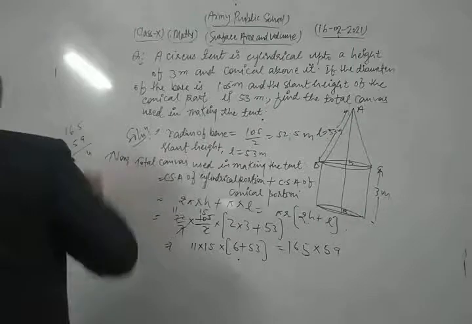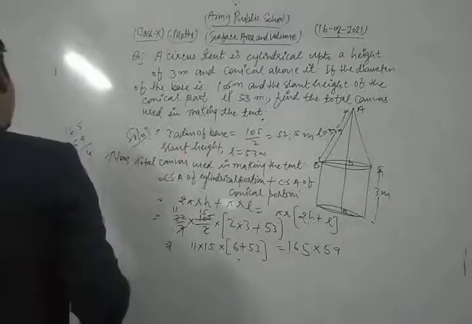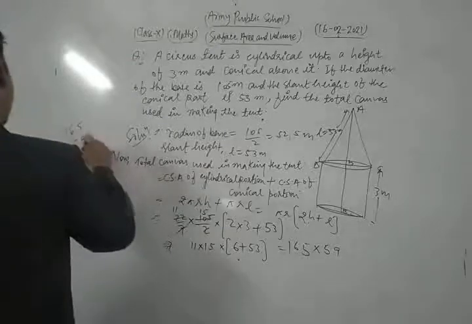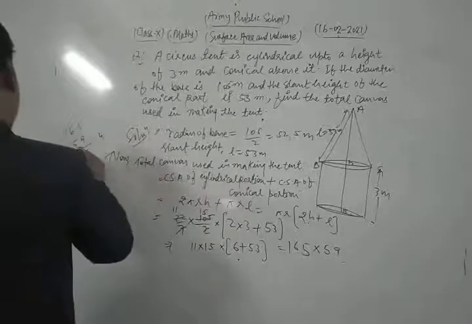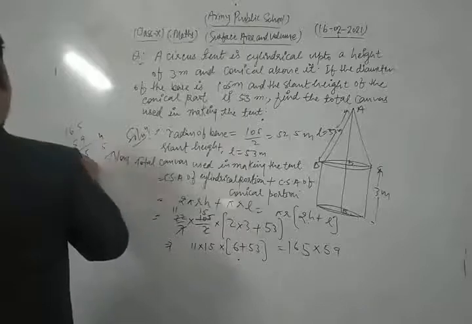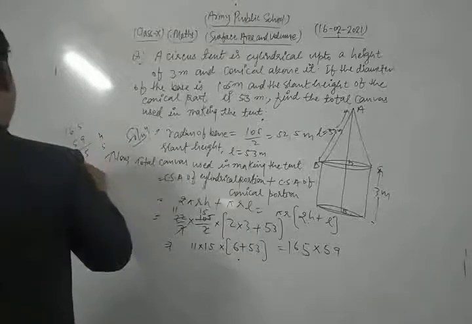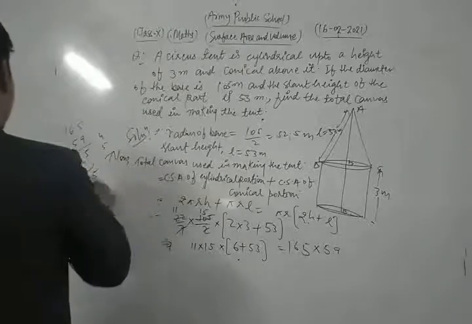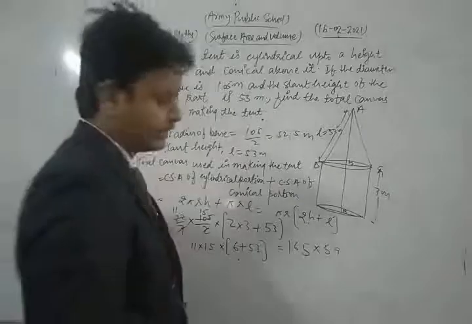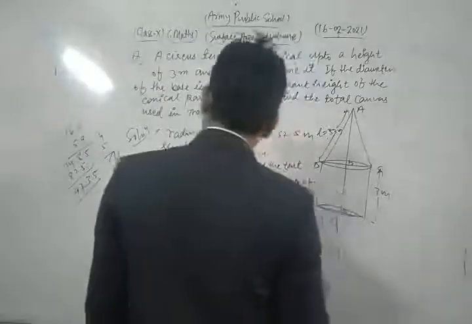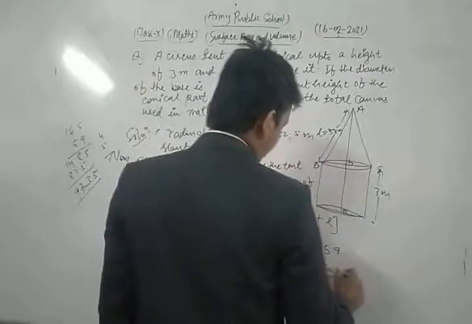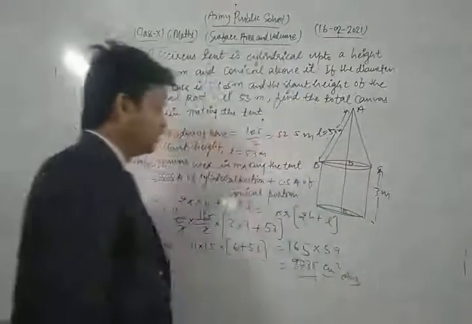Multiplying them, we get 9735. This is 9735 meter square. This is the required solution of the given question.